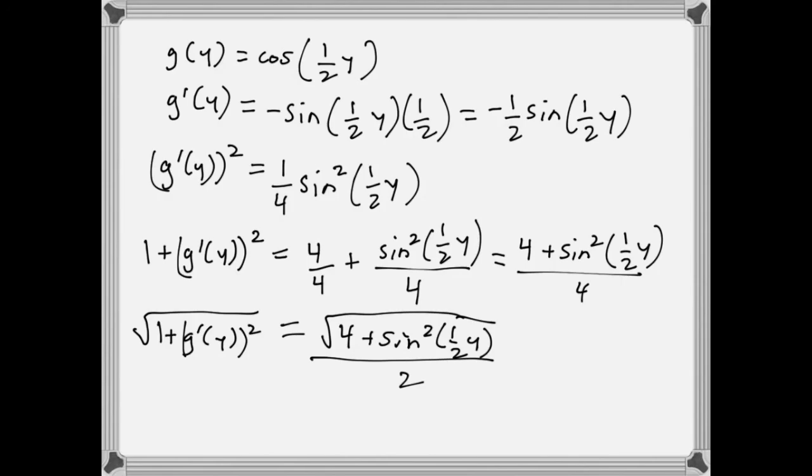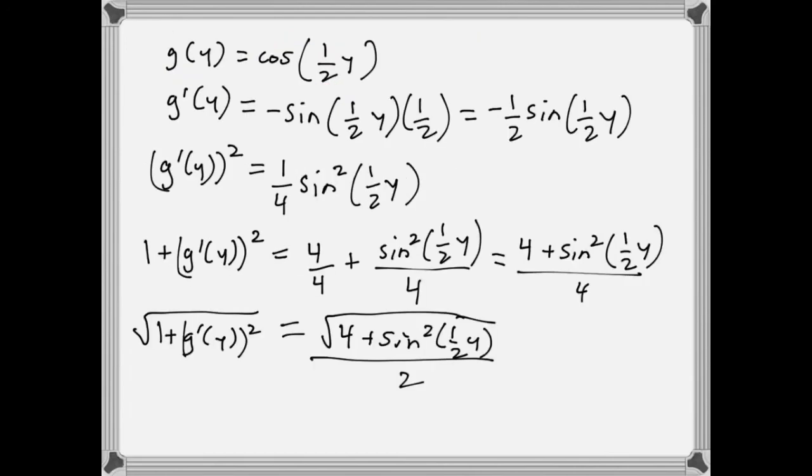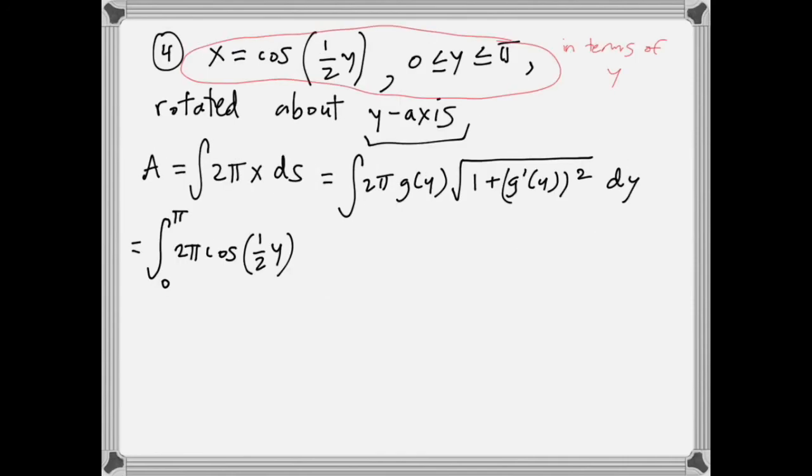So going back to my integral, I have the integral from 0 to pi of 2 pi times the function cosine of 1/2 y. And then I have the square root of 4 plus sine squared 1/2 y, and then divided by 2, right? And then dy.